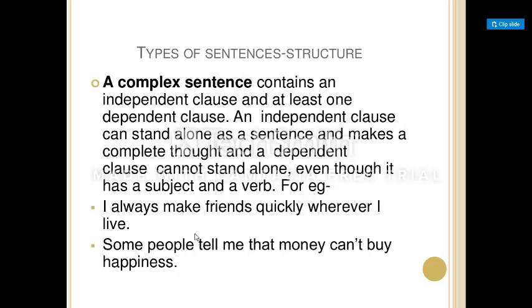So a complex sentence is a sentence with one independent clause and one or more dependent clauses, right?